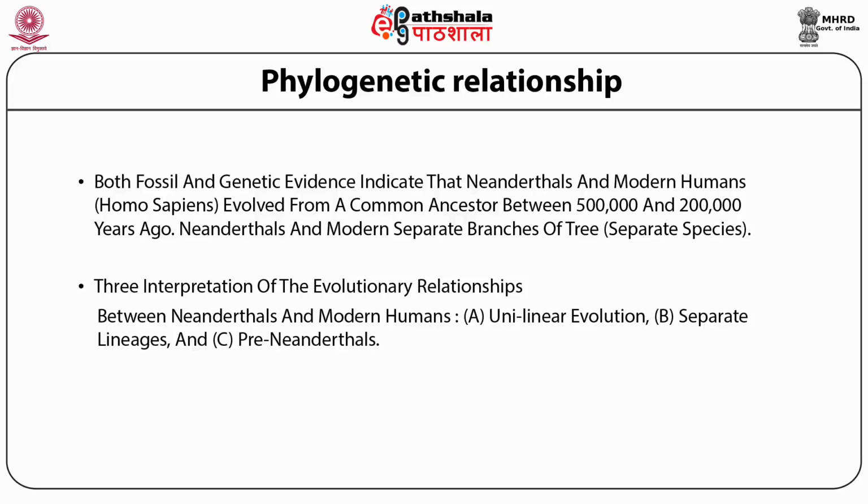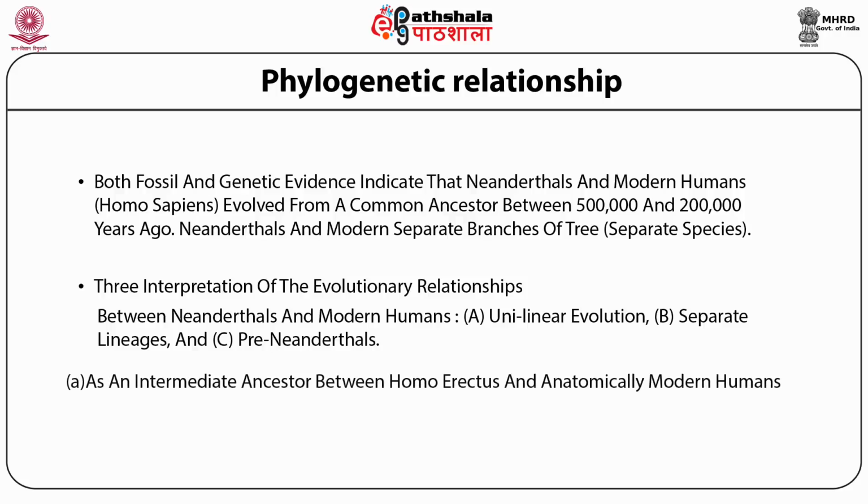Ever since the first Neanderthal skulls were found in the 19th century, scientists have pondered the link between the Neanderthal and modern human. Earlier interpretations that viewed Neanderthal as an intermediate ancestor between Homo erectus and anatomically modern Homo sapiens have been discarded.